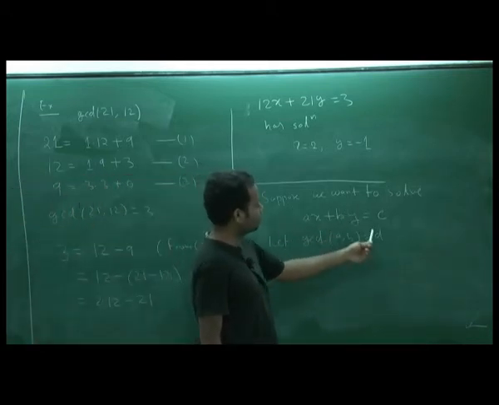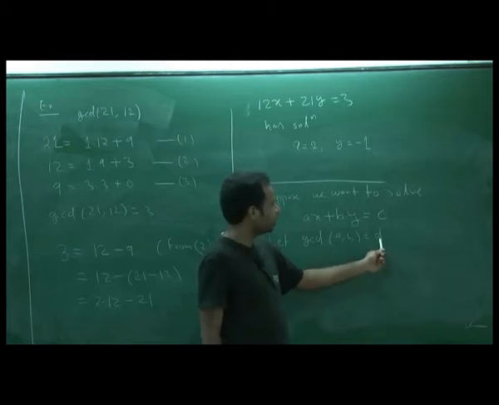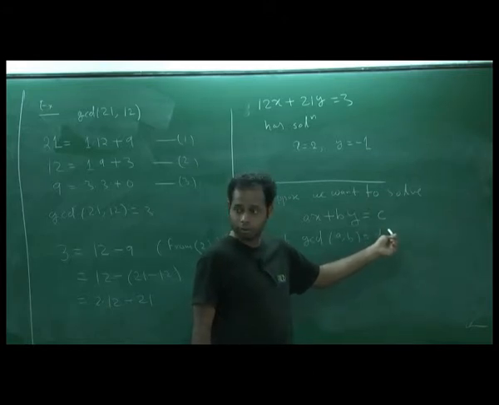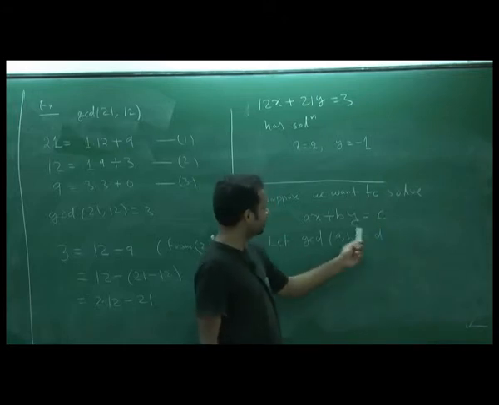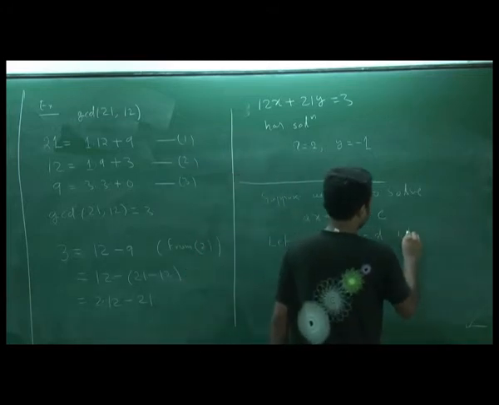So now suppose you want to solve this, and suppose GCD of A, B equals D. Then what is the relationship between D and C? C can be expressed in terms of D. D divides C, because D divides A and D divides B. So D has to divide C.